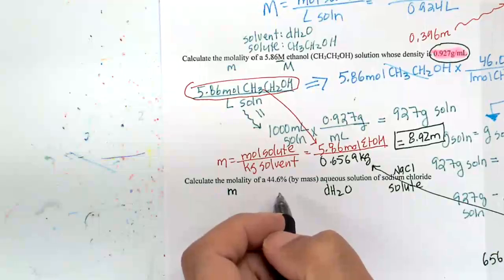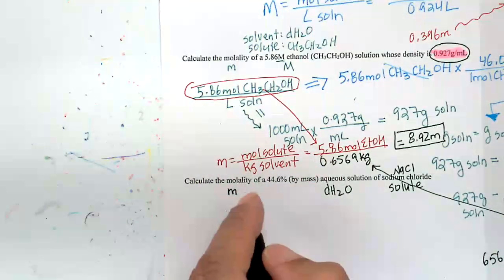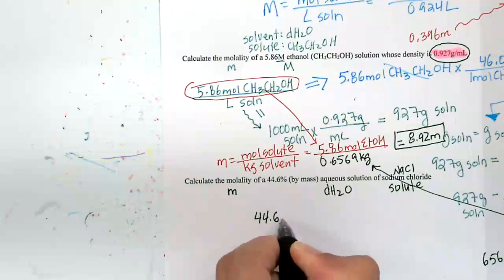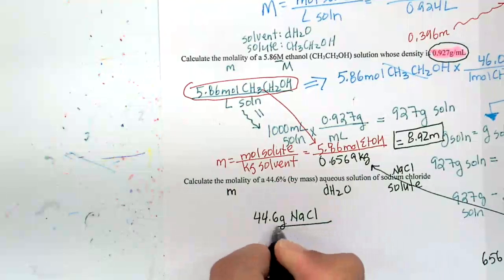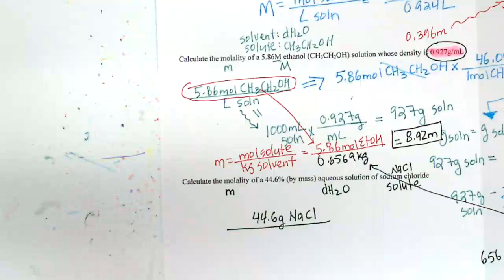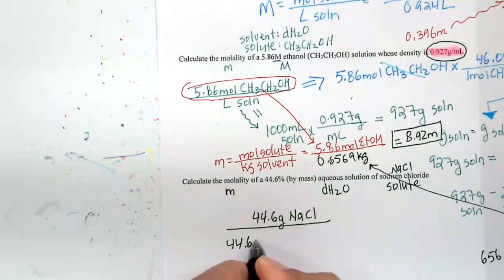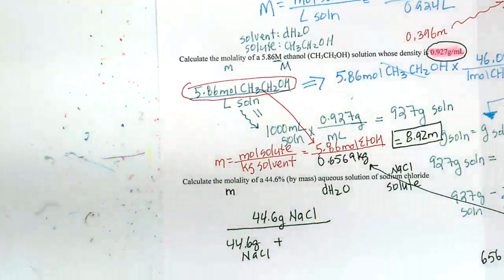Molality is lowercase m. So 44.6% by mass sodium chloride. What does that mean, percent by mass? Okay, it means that in 44.6 grams of sodium chloride, which is part, divided by the denominator, which is whole, part over whole, this would be 44.6 grams of sodium chloride plus how much water?